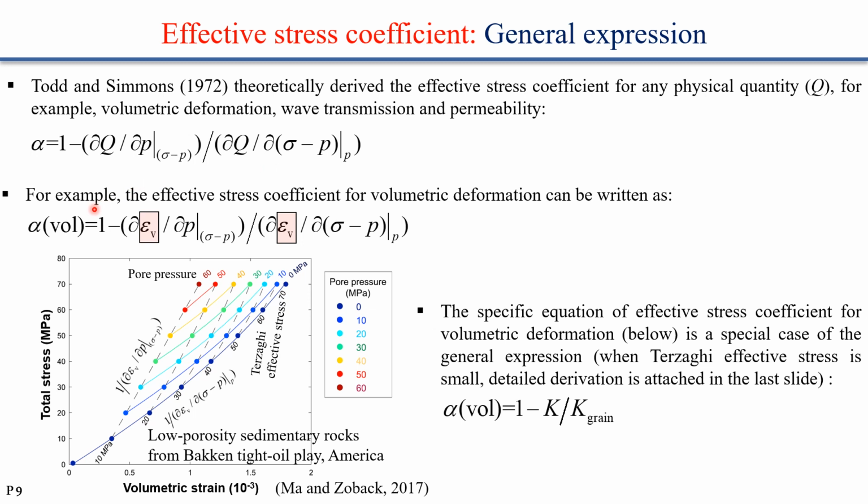And particularly, for example, the effective stress coefficient for volumetric deformation can be written as below. We just need to replace this physical quantity Q by X sub V, which stands for volumetric deformation. Then, in the lab, as shown as an example in this figure, we just need to measure the volumetric deformation by systematically changing the pore pressure and the total stress.